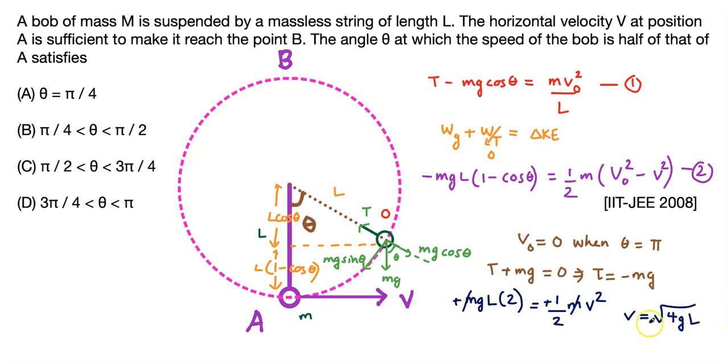And now that we have v, we can find the theta, right? So v naught would be v by 2, right? The angle theta at which the speed of the bob is half of that at A, and so you could actually find theta, and then we could find which range it lies in, and that would be the answer.